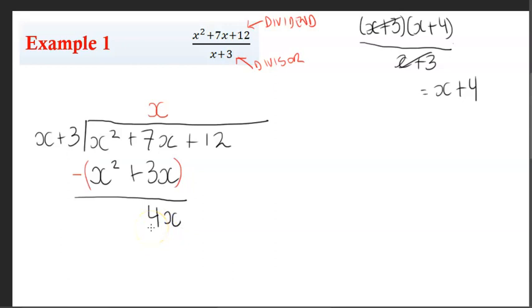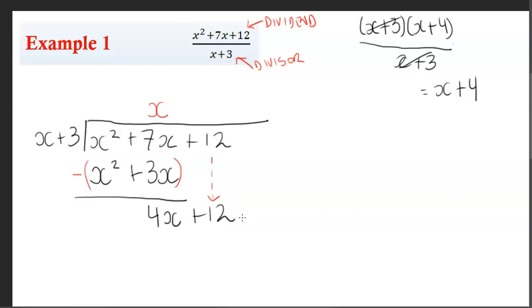Awesome. Okay, now we can go ahead and repeat this process as well. The only problem is we've got this 4x that's just by itself. So I'm going to grab this 12 and drop it down here. All right, now we're going to rinse and repeat.